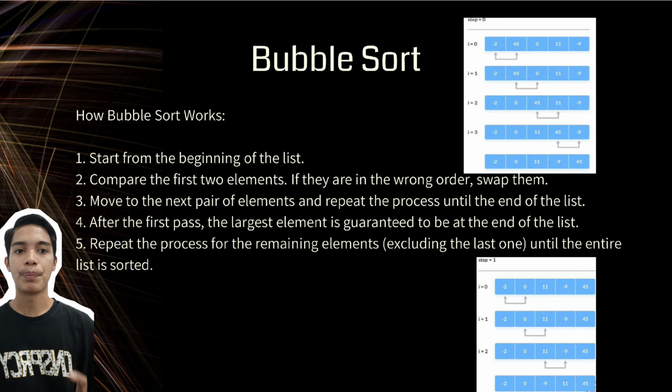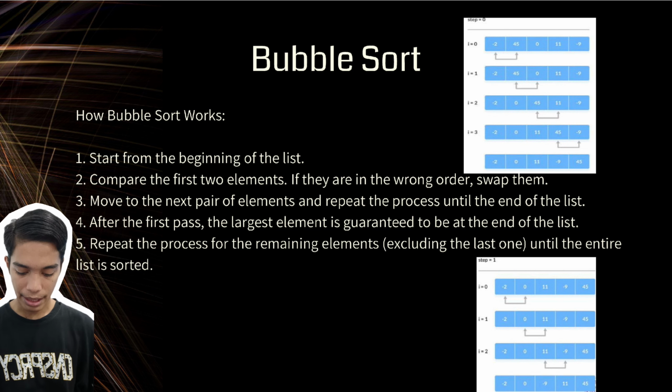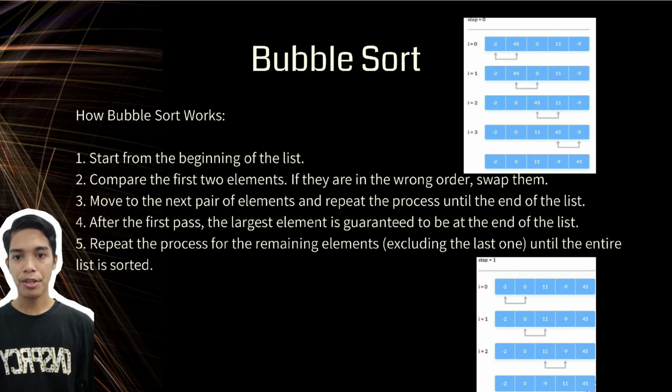Just make sure that when bubble sort starts working, you start from the beginning of the array and compare two elements.